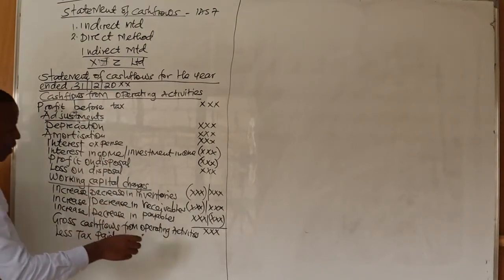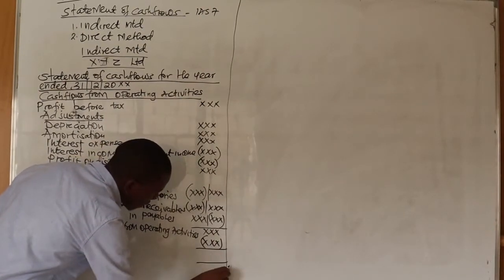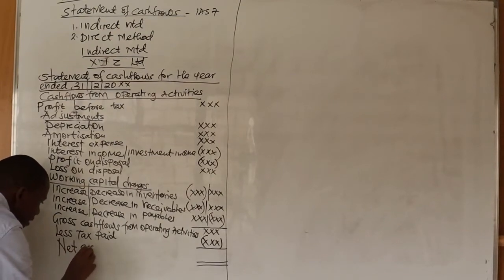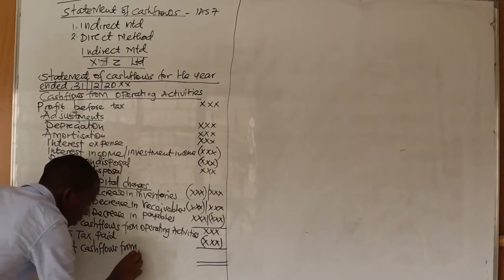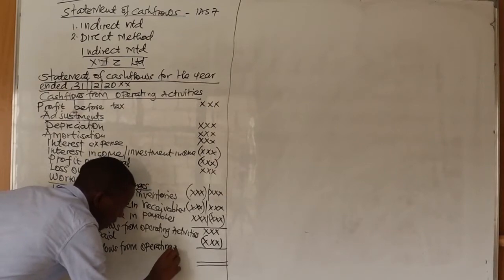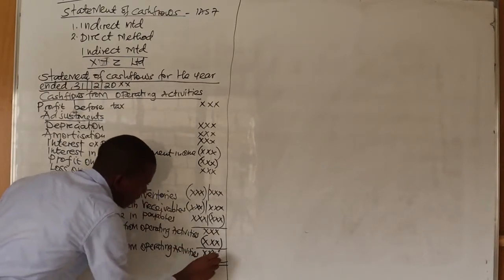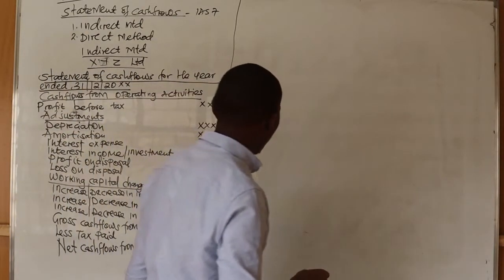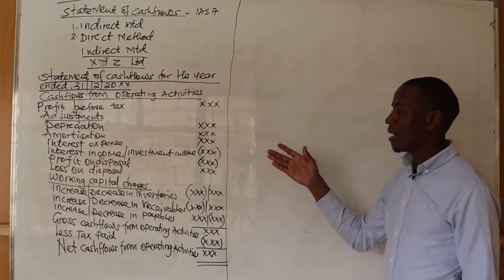After lessing the tax paid, what we'll now get here is the net cash flows from operating activities. That is the net cash flows from the operating activities.